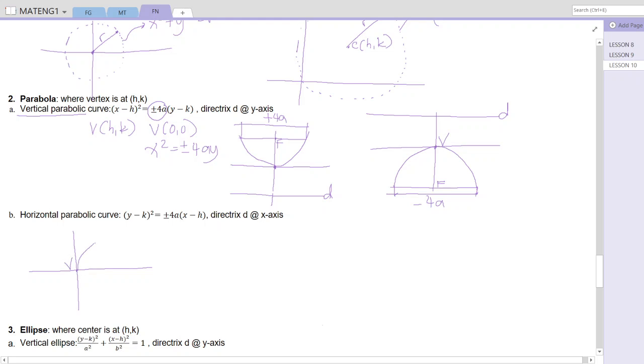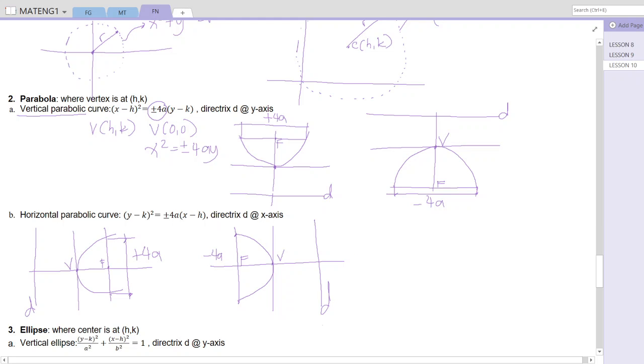If it opens to the right, this one will be the focus, and this will be the latus rectum, positive 4a, and the directrix is along the x-axis. If it is negative 4a, this is the vertex, and it opens to the left. This one will be negative 4a. This is the focus, this is the vertex, and this is the directrix.